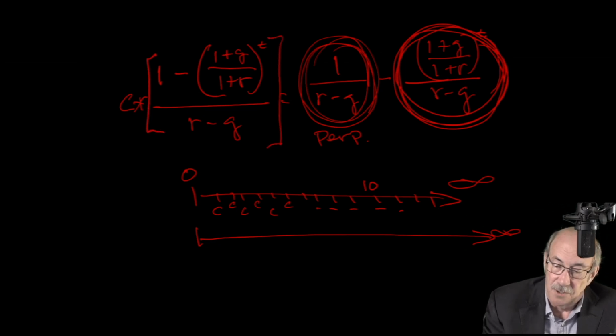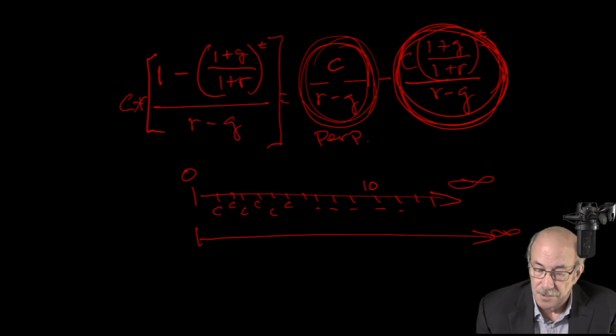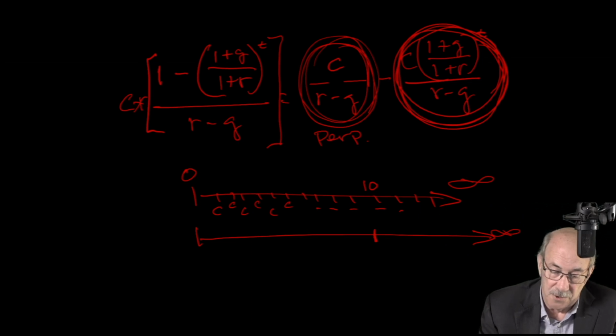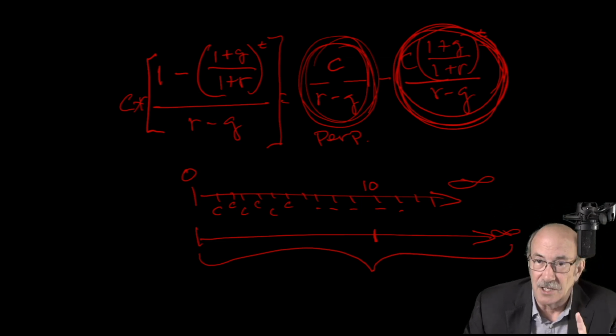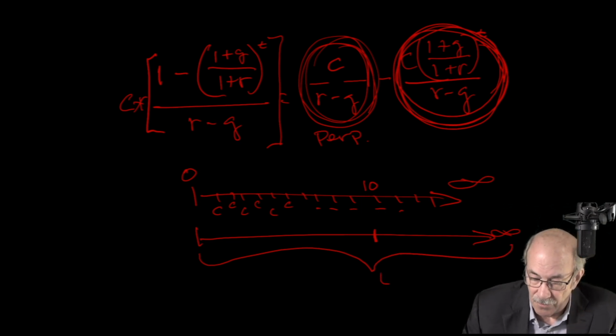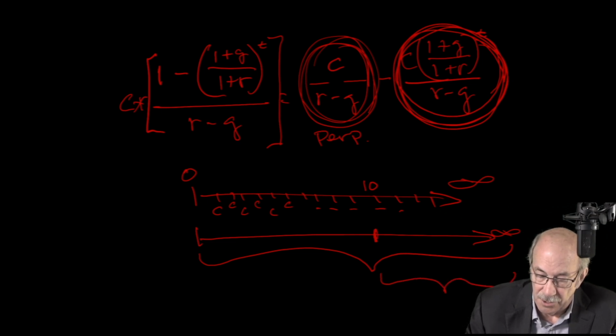So we could plug that in here. So here's year 10. Effectively what we're doing is we're getting the value of the entire perpetuity, and we're subtracting from that the value of a perpetuity that starts 10 years from now.